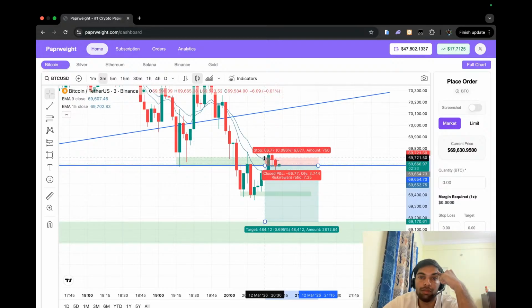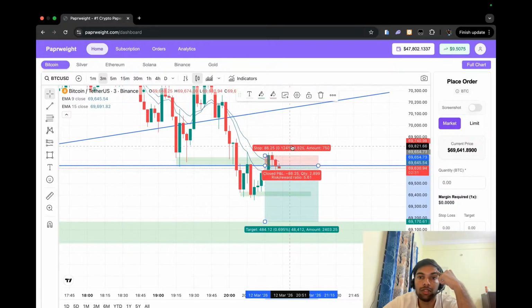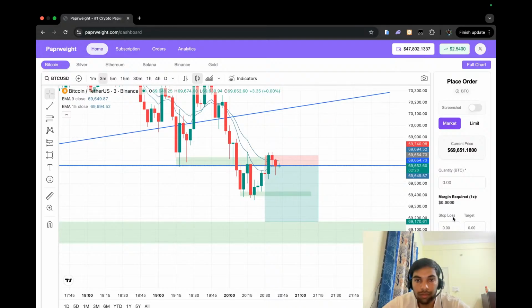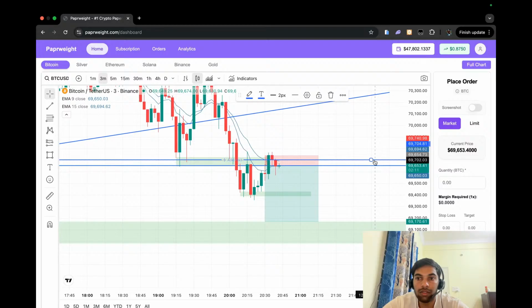Let's give some room. I will add 0.25 here again. Okay, at this area. So this is the price 6970.